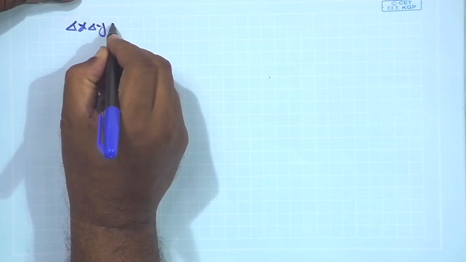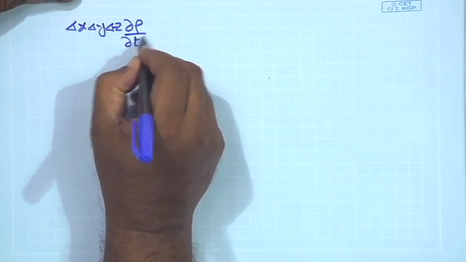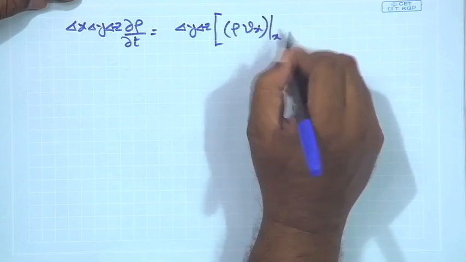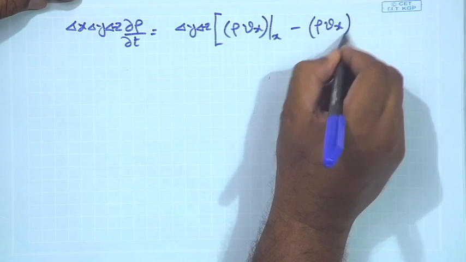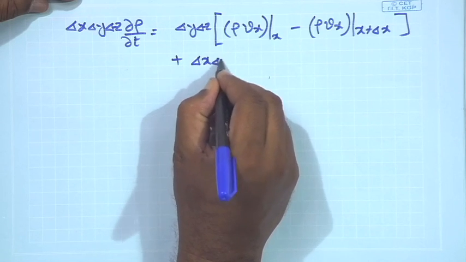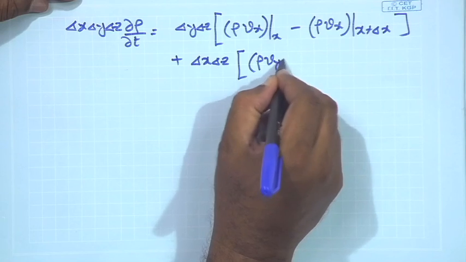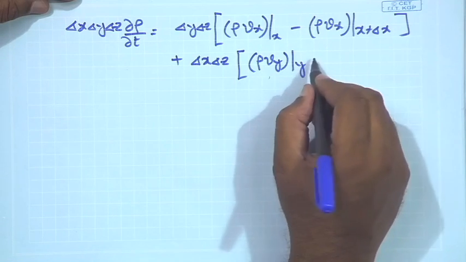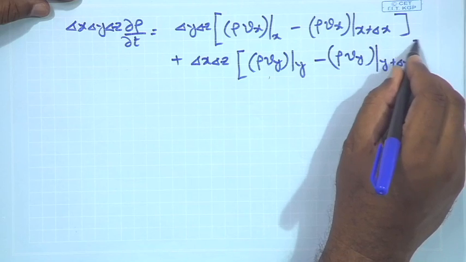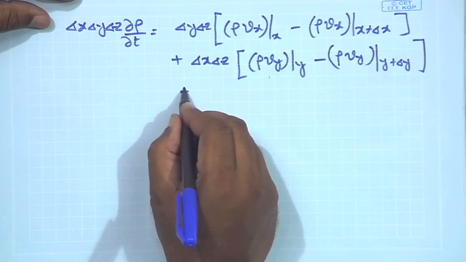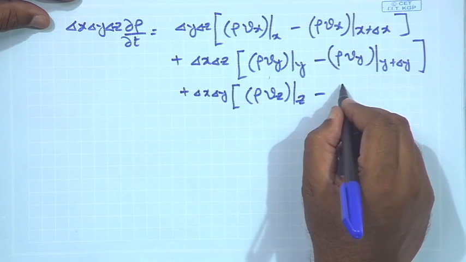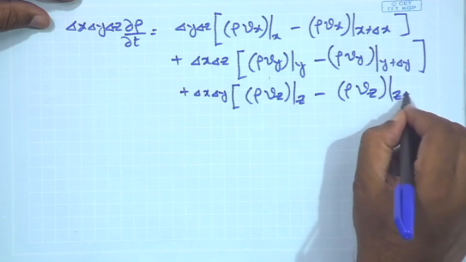del x, del y, del z times del rho del t, which is the accumulation term, must be equal to del y del z, then rho v x at x, this is the in term, minus rho v x at x plus del x, this is the out term, plus del x del z rho v y at y, that is the in term through the face at y, minus rho v y at y plus del y, this is the out term through the y face, plus del x del y rho v z at z minus rho v z at z plus del z.